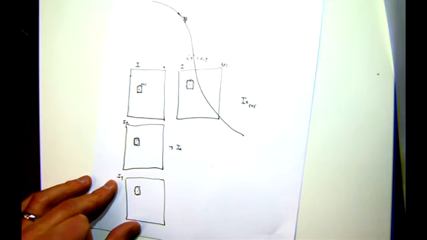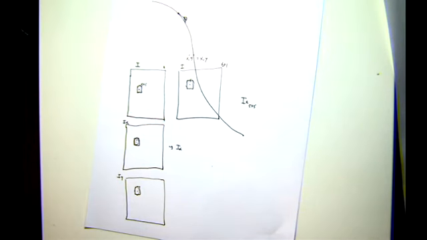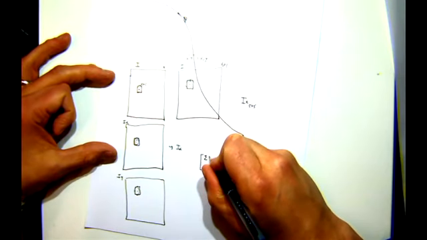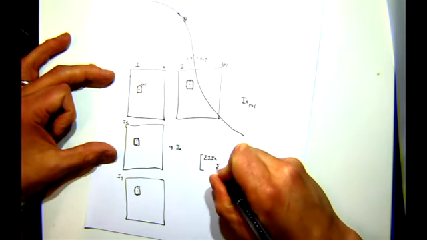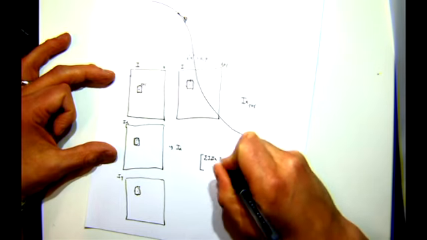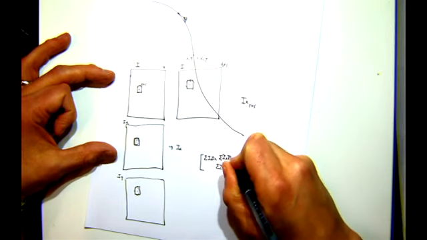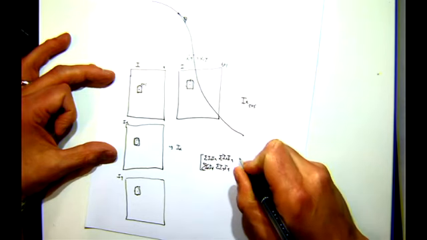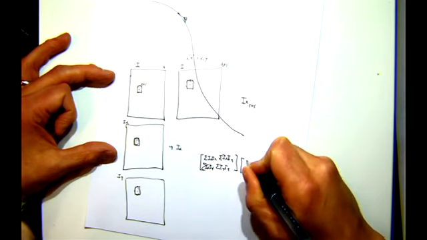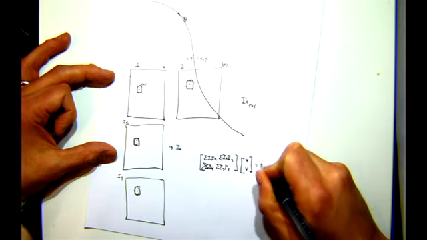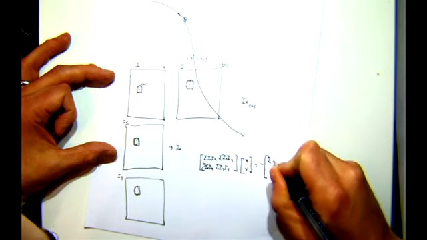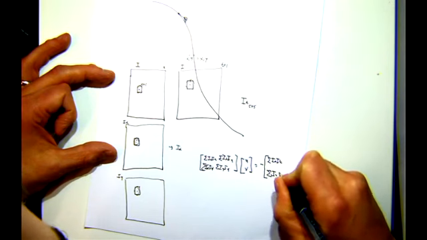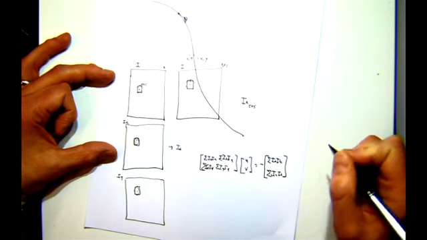Okay, so then I compute my second moment matrix. I have my summation of IxIx, summation of IyIy, summation of IxIy, same here. And this is equal to u, v times minus summation of IxIt, summation of IyIt.